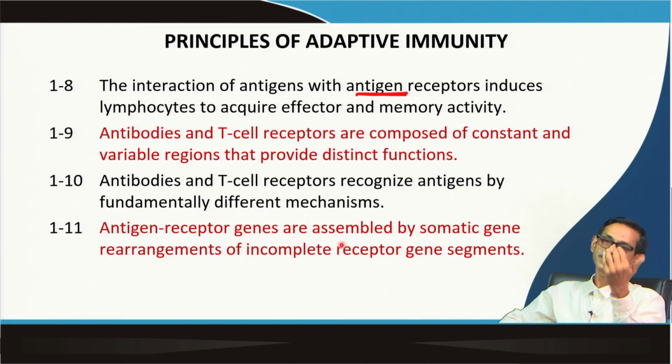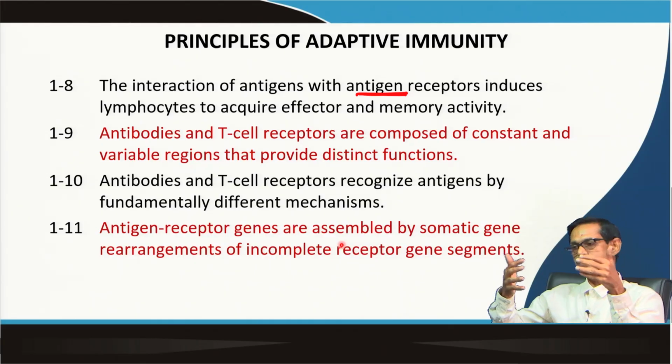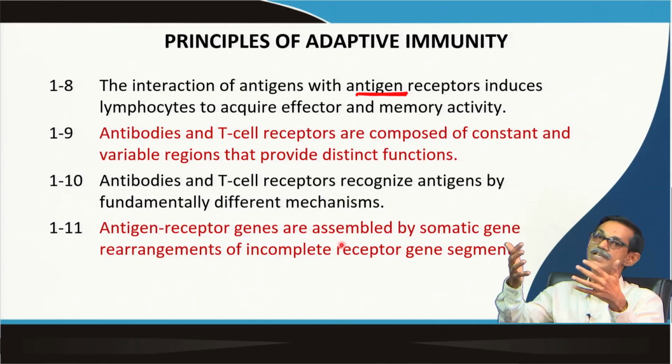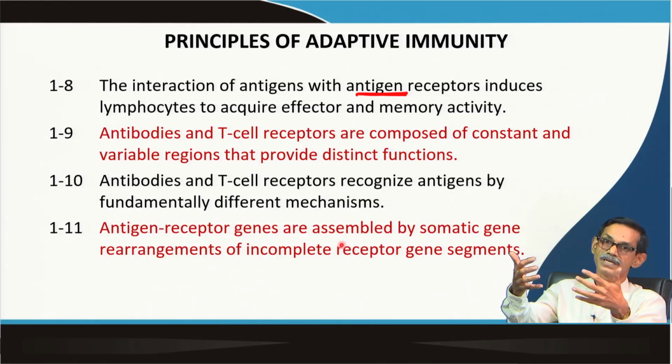So, for example, if there are 1,000,000 antigens present, technically there should be 1,000,000 antibodies. If 1,000,000 different antigens are present, that means we need 1,000,000 different antibodies.